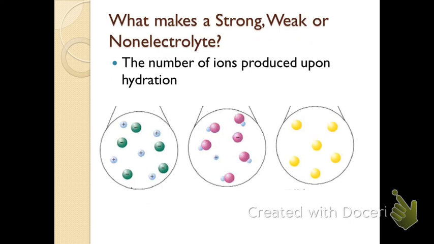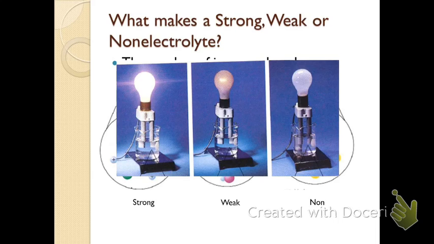Not very good. And in the right picture, you have absolutely no ions. This is approximately what it would look like to be a strong, weak, and non-electrolyte. If you were to test these by hooking them up to a conductivity probe, the strong electrolyte would light the bulb very brightly, the weak would barely light it, and the non would not produce any electrical current whatsoever.